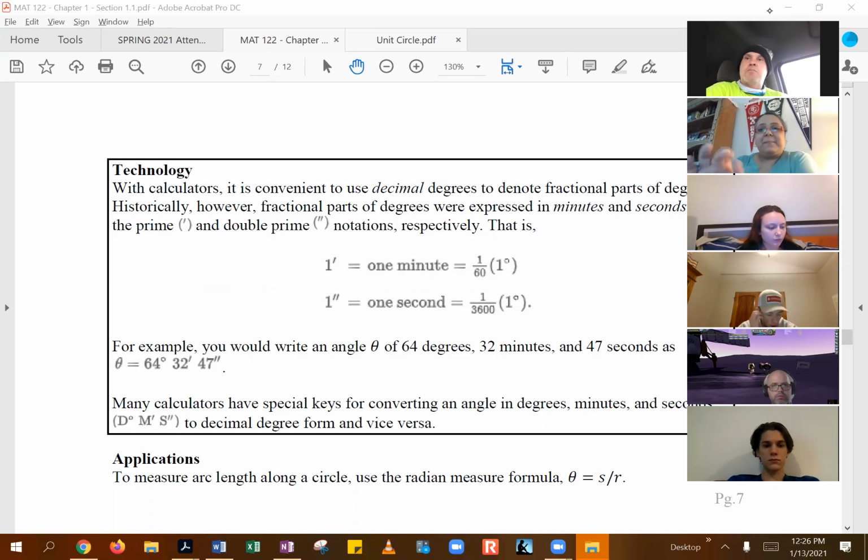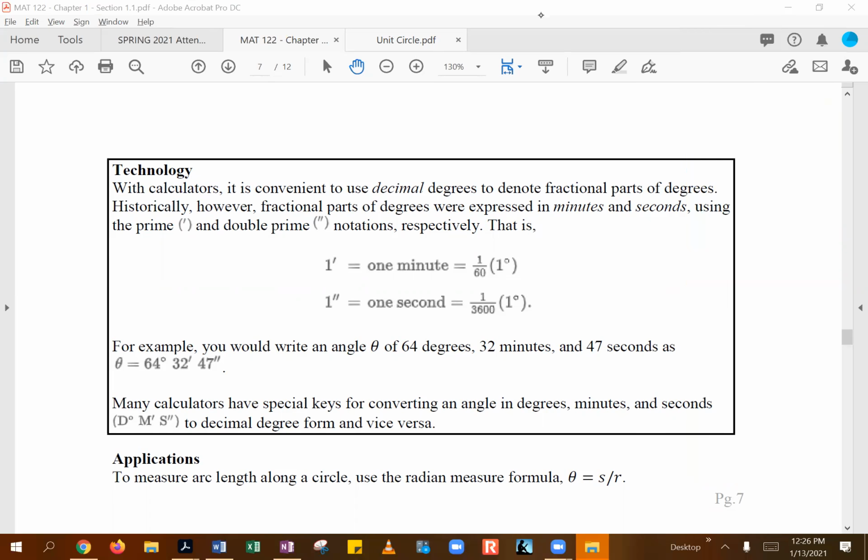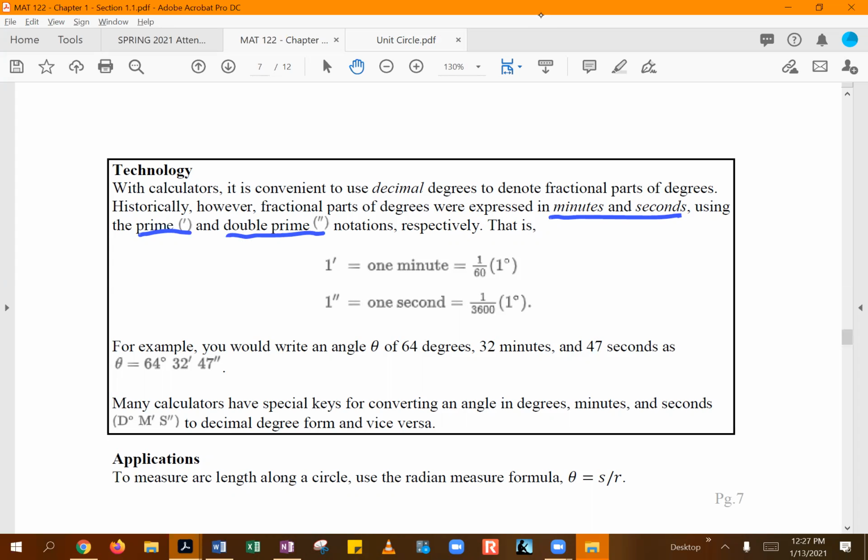So usually when you have your degree measurements in fractional parts, we can break them down into minutes and seconds. When we're talking about minutes, we put this prime as the notation for it. It kind of looks like an apostrophe symbol, but you use a single prime for minutes, and a double prime for seconds.